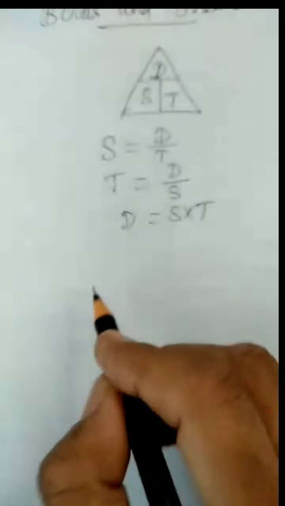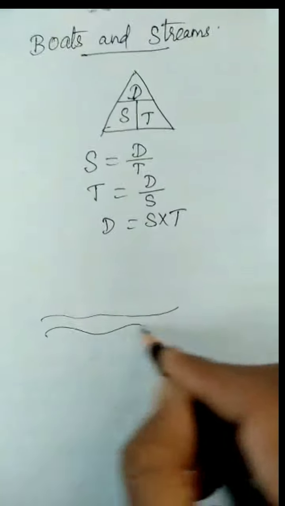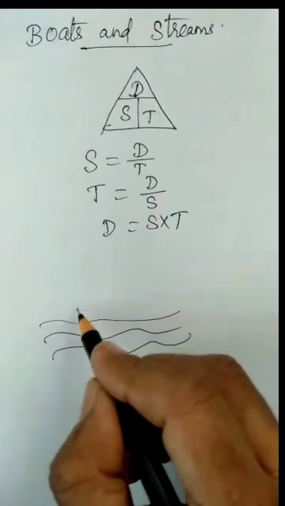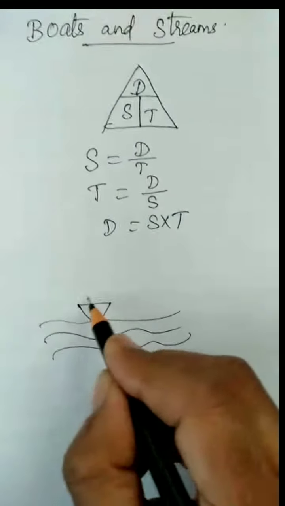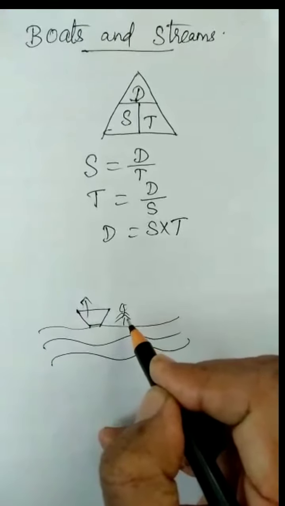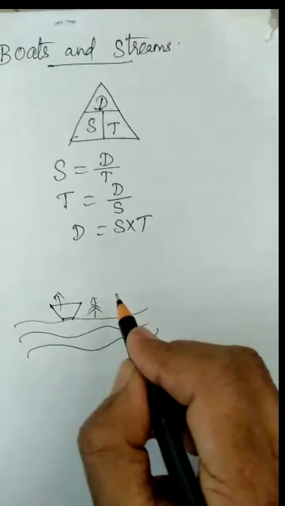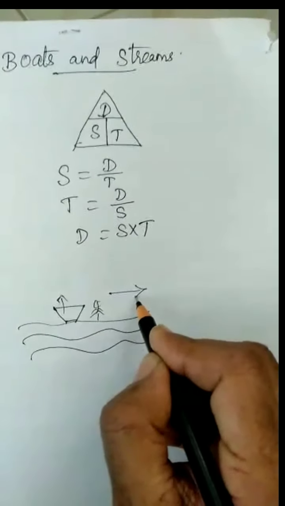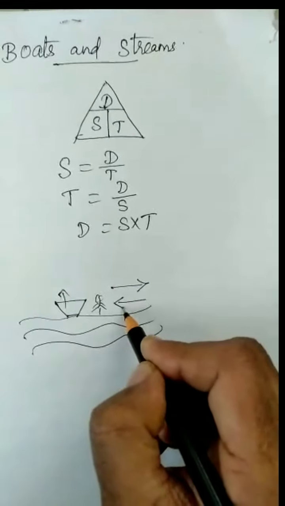So, take this as a river. On the river, a boat will be going like this or a person is crossing the river like this. So, they can go either in this direction or in this direction.